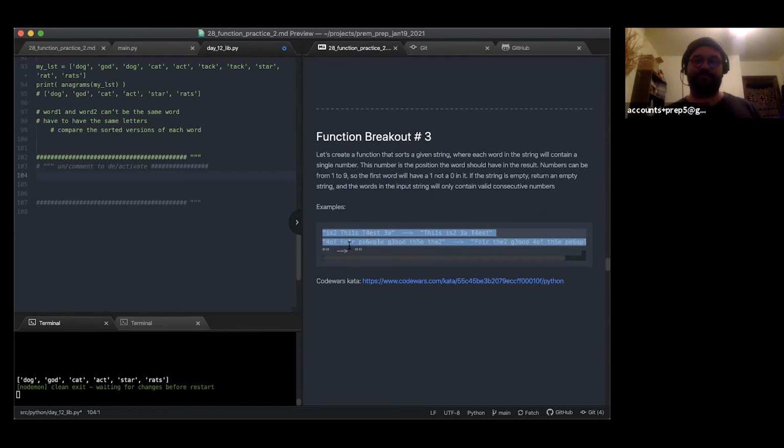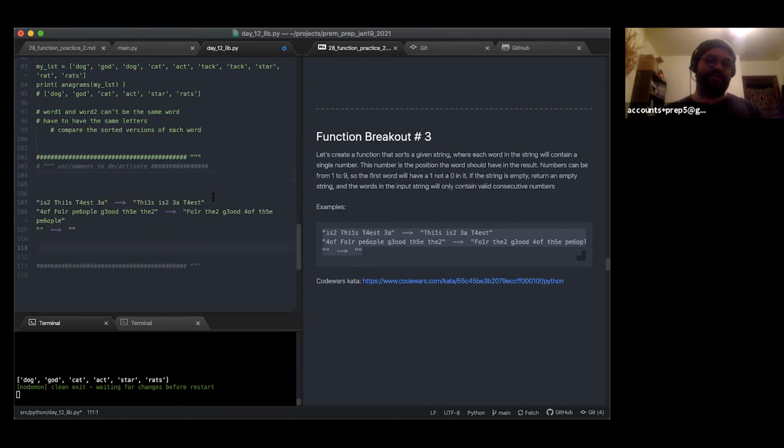Okay, cool. So let's look at this. We can understand this by its inputs and outputs, right? It's saying this string with a 2 in it, this with a 1 in it, test with a 4 in it, a with a 3 in it, should turn into this is a test, right?